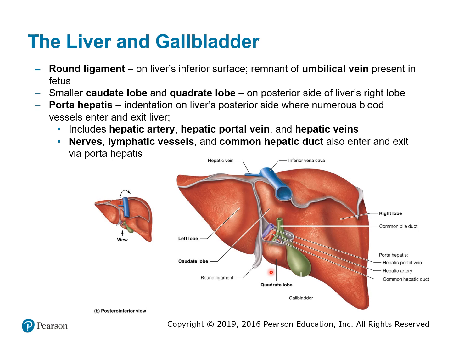Before I go over the vessels, aside from the right lobe, you also have the caudate lobe, which is attached to the right lobe. And then you have the quadrate lobe, which is in between the round ligament and the gallbladder.